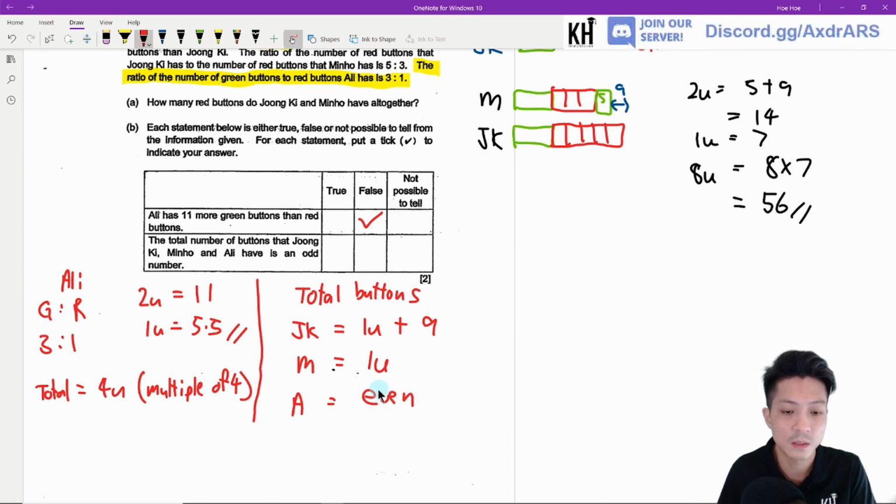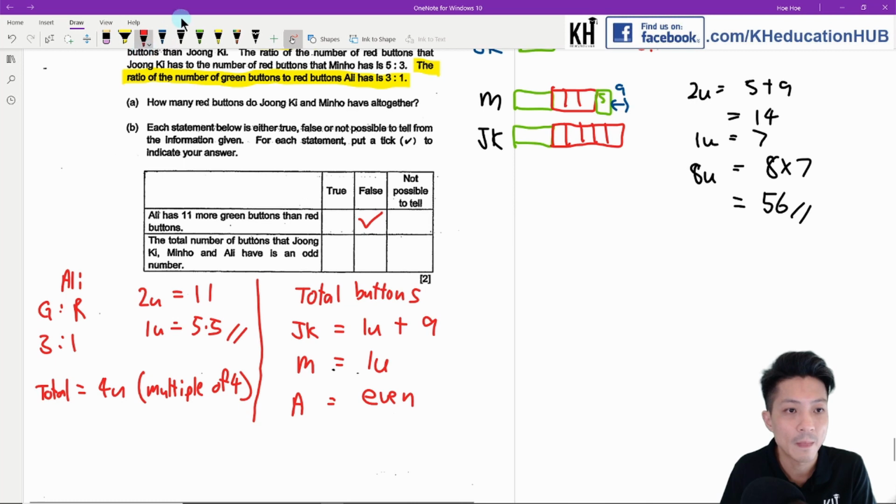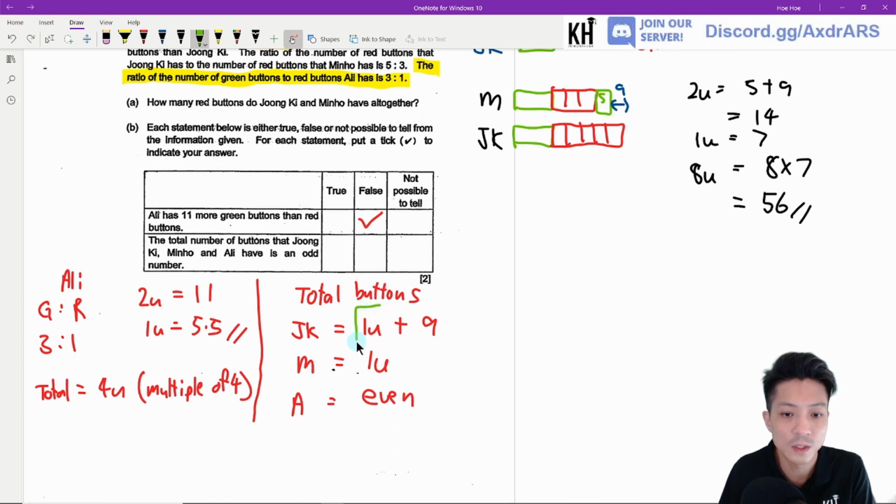Okay, so the number of buttons Ali has will be an even number. Now, the main thing we need to decide is, we need to look at this 1 unit. Is it gonna be an even or odd number?